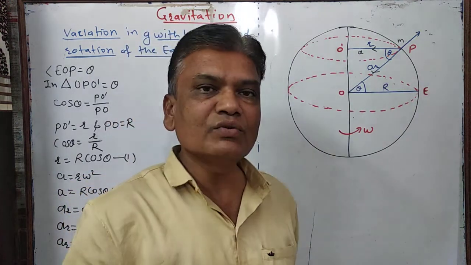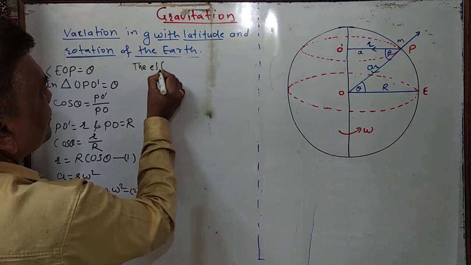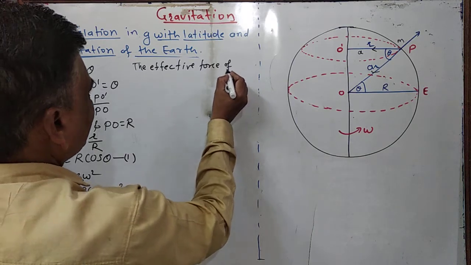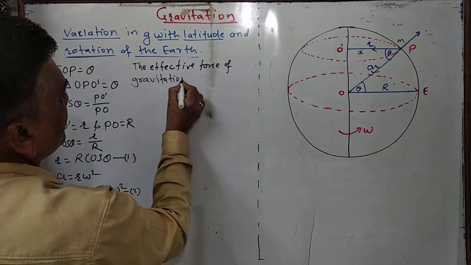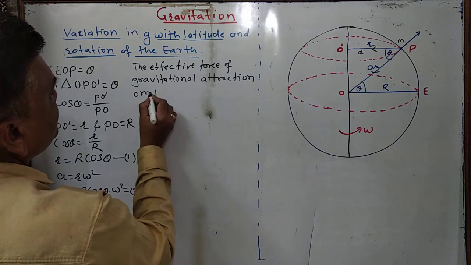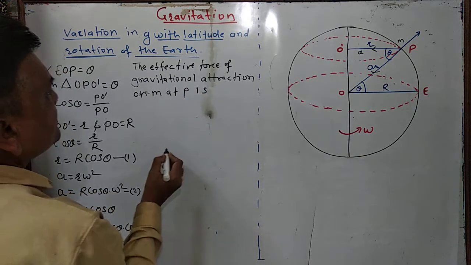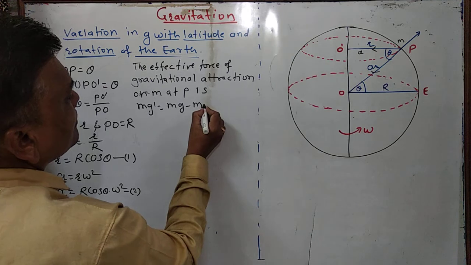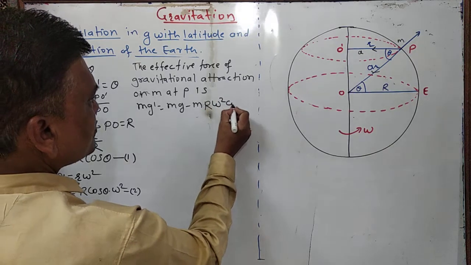So the effective force of gravitational attraction on mass m at P is mg dash equals mg minus m R omega square cos square theta.